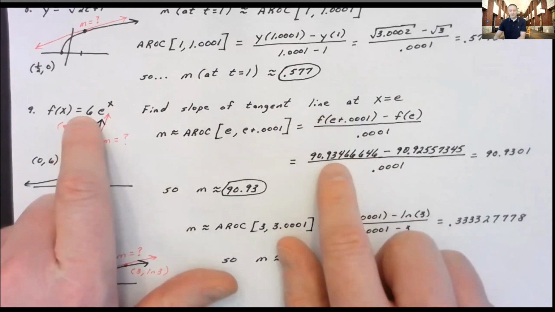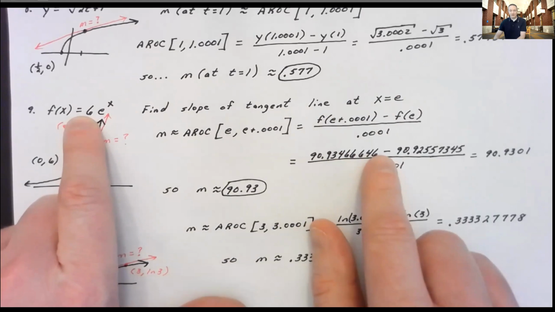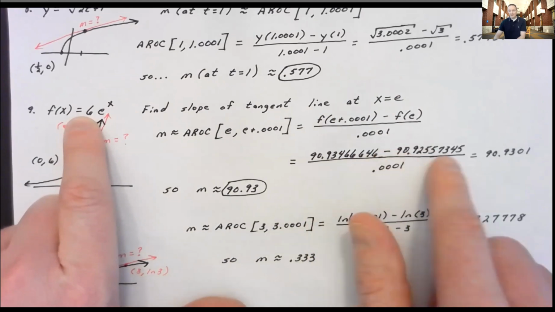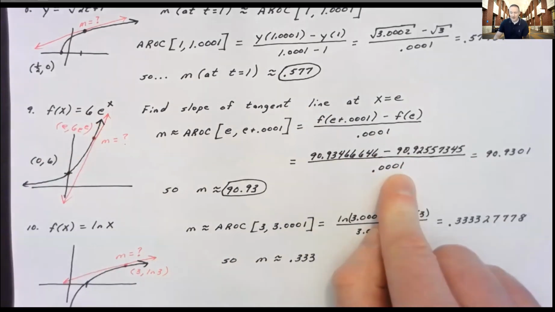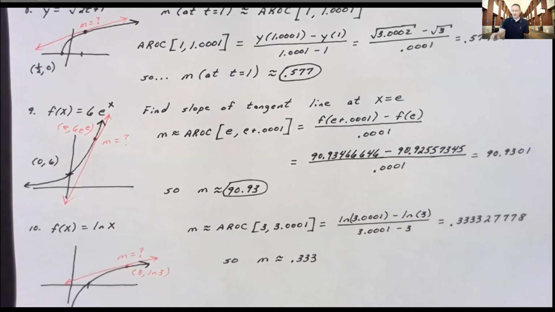When I did that, I get this number right here, and put every single decimal my calculator would tell me. Minus 6e to the e gave me this number. We divide that by 1/10,000th, and when I did, I got an answer of 90.9301, you'll see there.